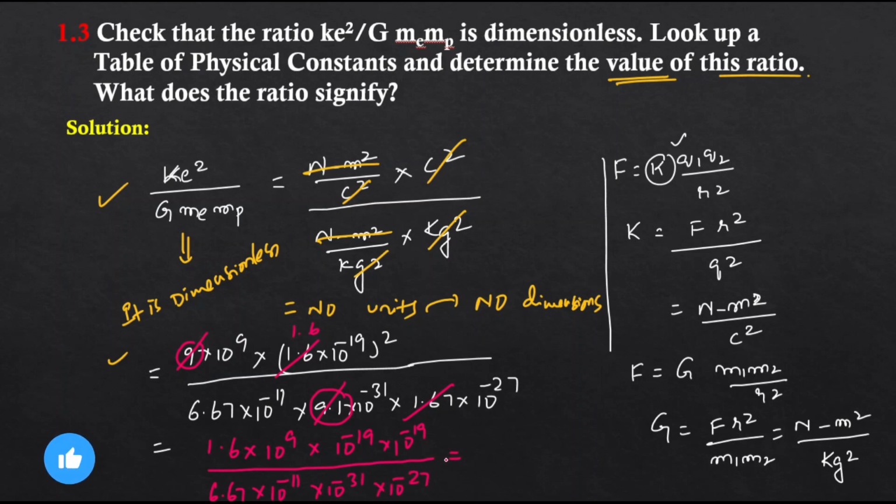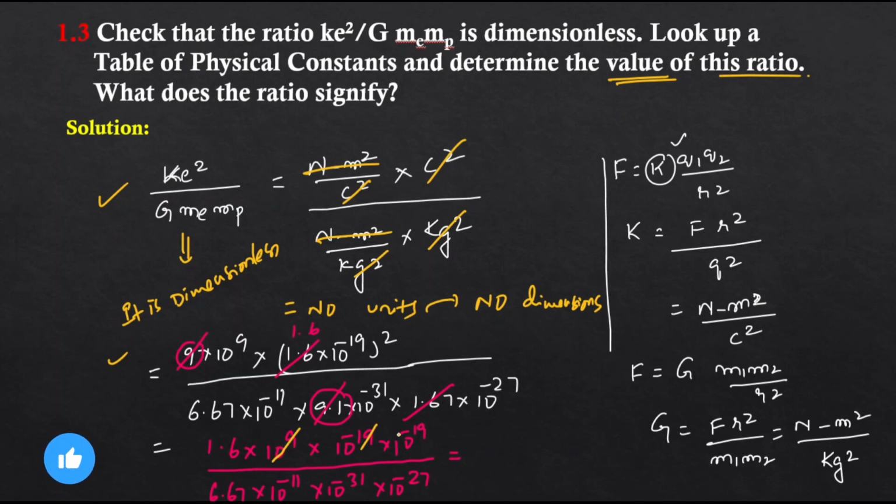Now I am going to simplify this one. In numerator, we get 10 to the power of 9. I am going to cancel here 9, so it can be minus 10. Already minus 19 is there. Here minus 10 minus 19 can be minus 29. Yes or no? Here minus 29.